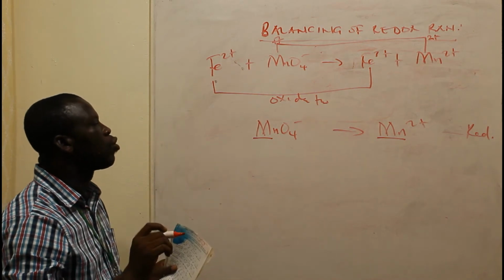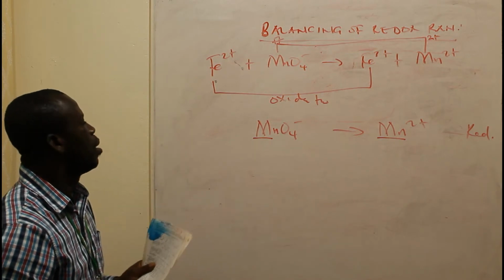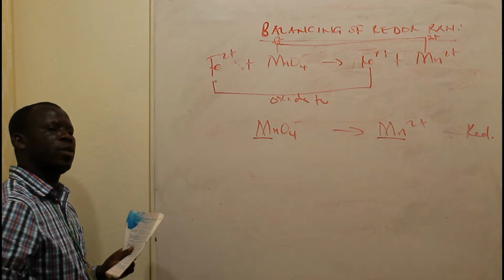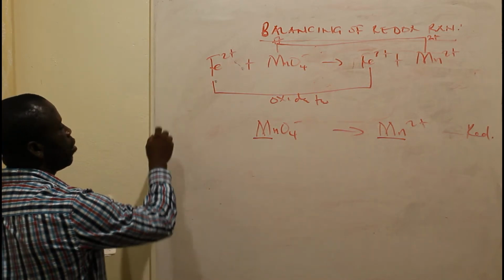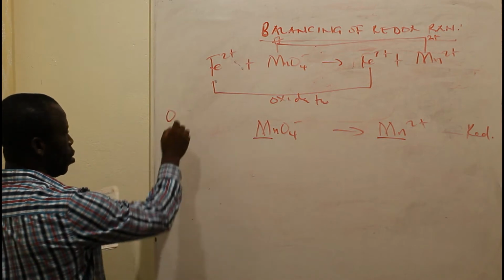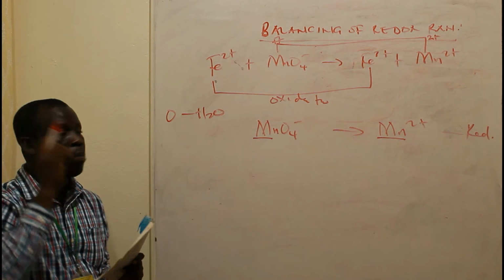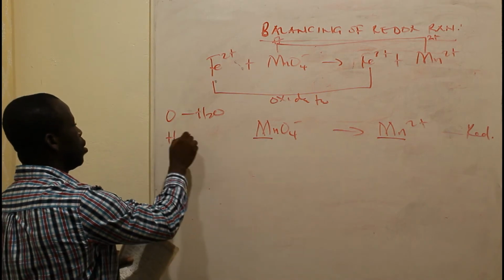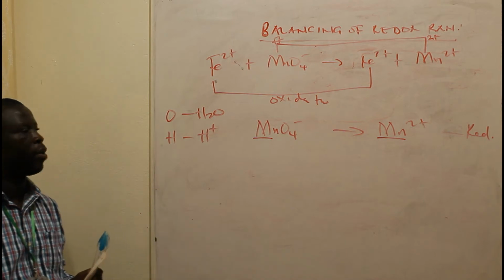The next one is to balance oxygen and hydrogen. In redox reaction, when you are balancing oxygen, we use water. And when balancing hydrogen, we use H+, the ion.